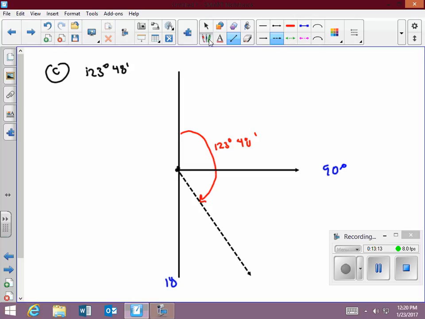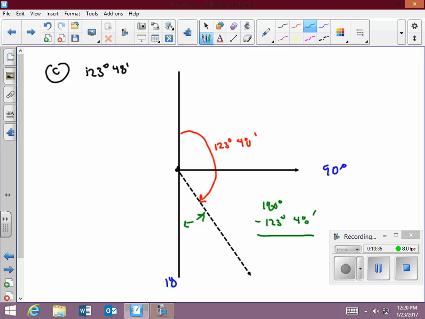So what I'm going to have to do is calculate this one, right? Because it's got to be from north-south. So that's going to be 180 degrees, and I'm going to subtract 123, 48. So 79 degrees.